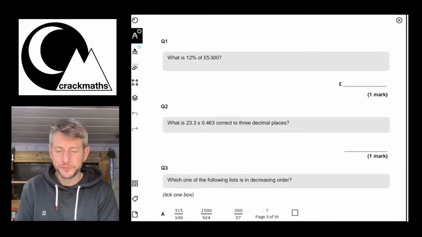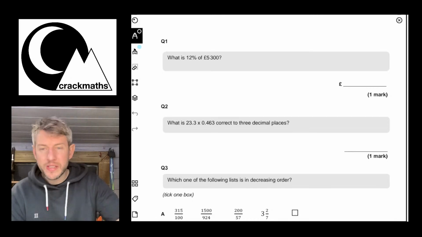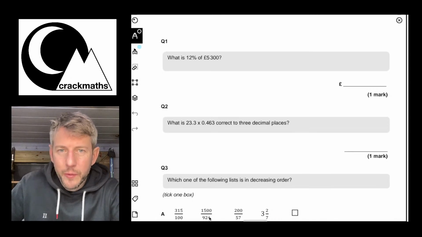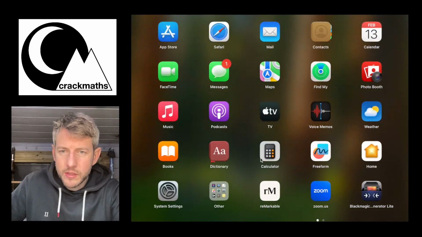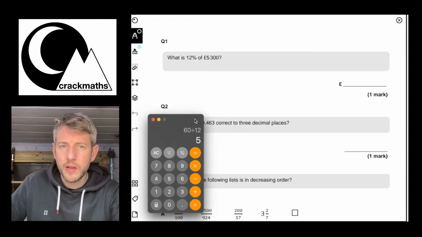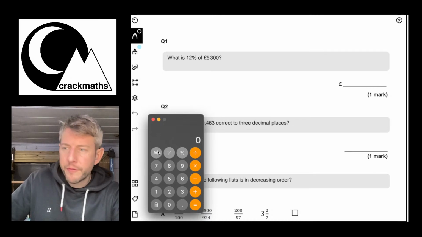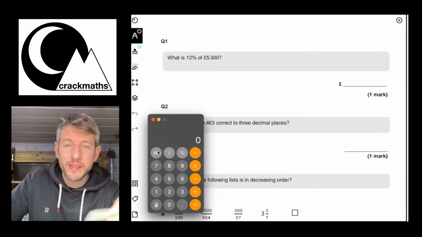Okay, question 1. What is 12% of 5,300? Okay, right, so this is the calculator paper, so I'm going to use the calculator method for this. So let me just get out my calculator. Okay, here we go. So the calculator method for finding 12% is to find your decimal equivalent percentage multiplier.